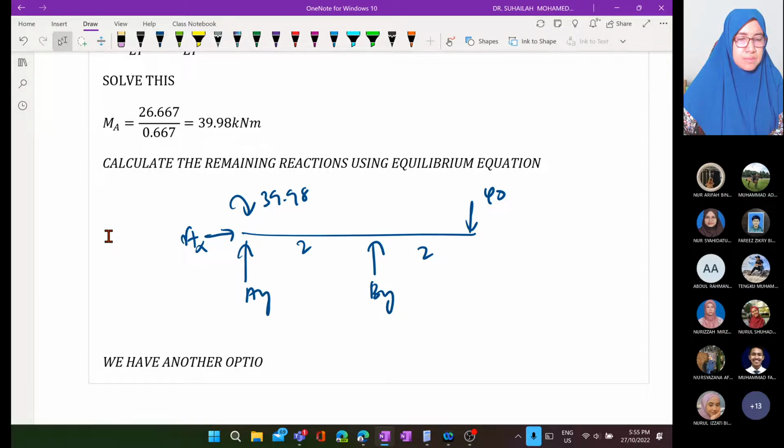Okay, we have another option. Who knows? What is another option to calculate the 3 remaining reactions? By using the principle of superposition, and this will be easier than the equilibrium equation.